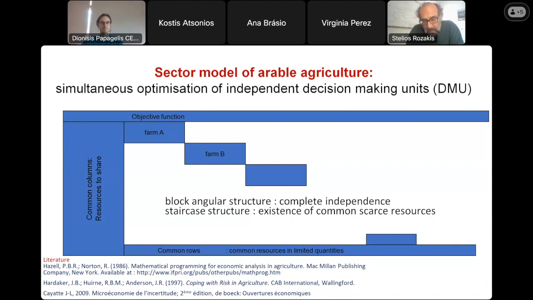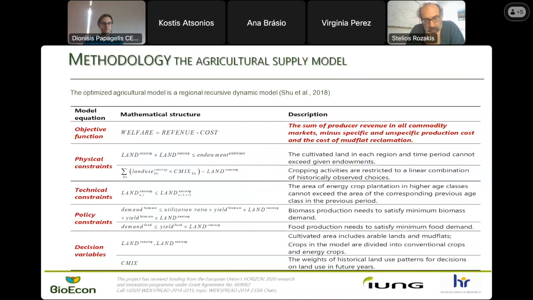There is a lot of literature here, and because those models are standalone, we can take into account modeling advances like considering risk analysis or different modeling methodologies.